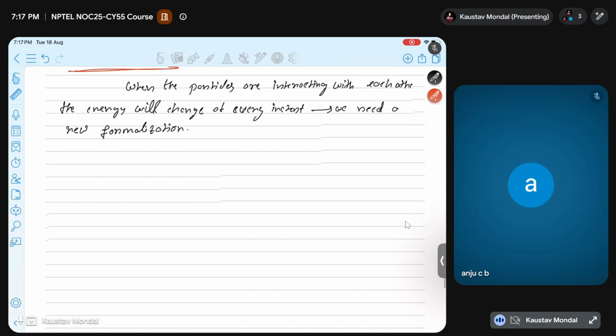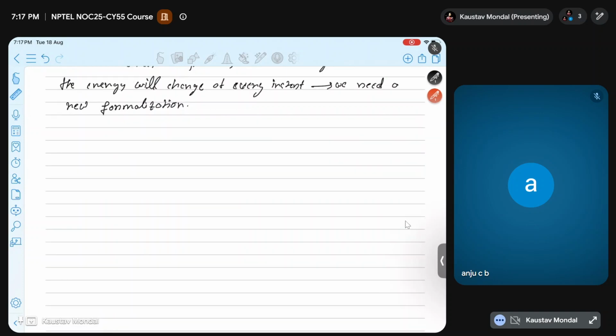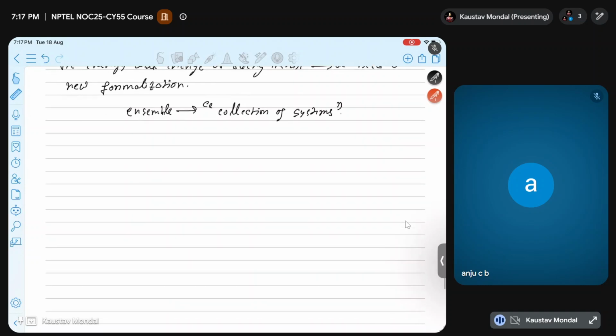Here the word ensemble basically means a collection. It's basically a collection of systems. In the context of statistical thermodynamics, the ensemble means a collection of systems. So the concept is like that.